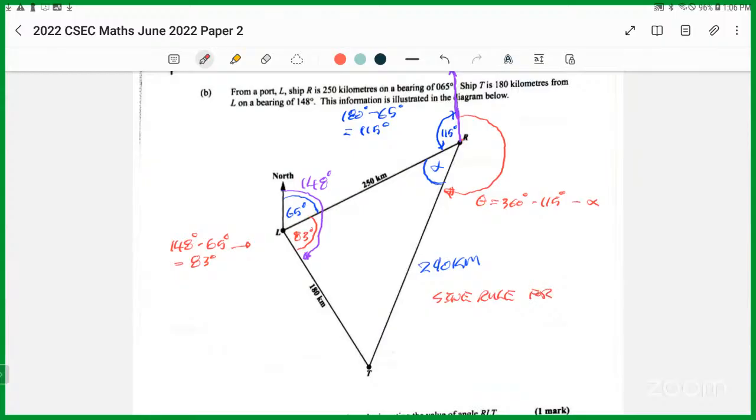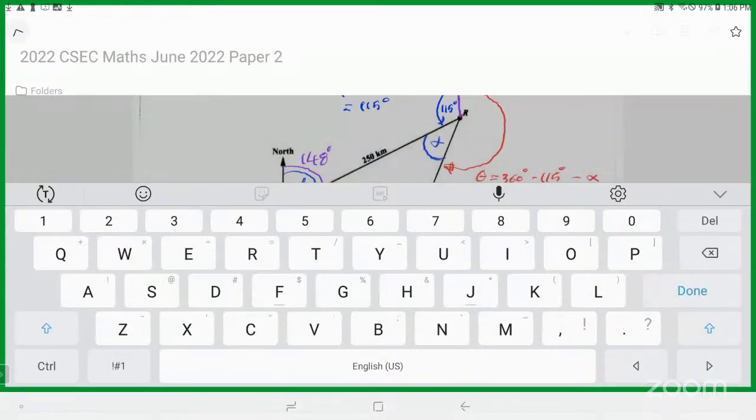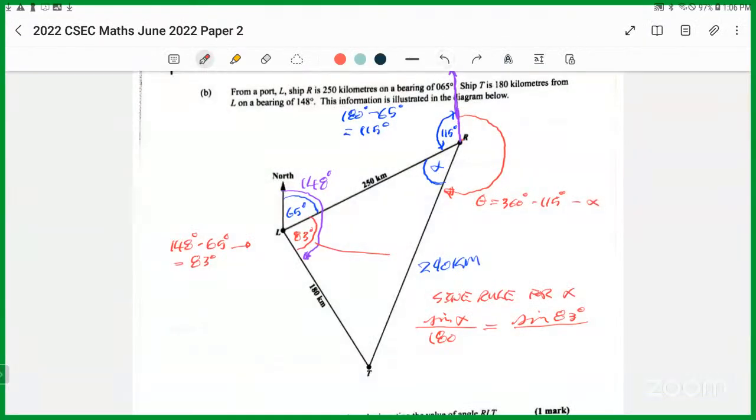I'm going to say sine of alpha over the side opposite the alpha, which is 180, equals sine of the angle that you know, which is 83, over the side opposite to it, which is 290.